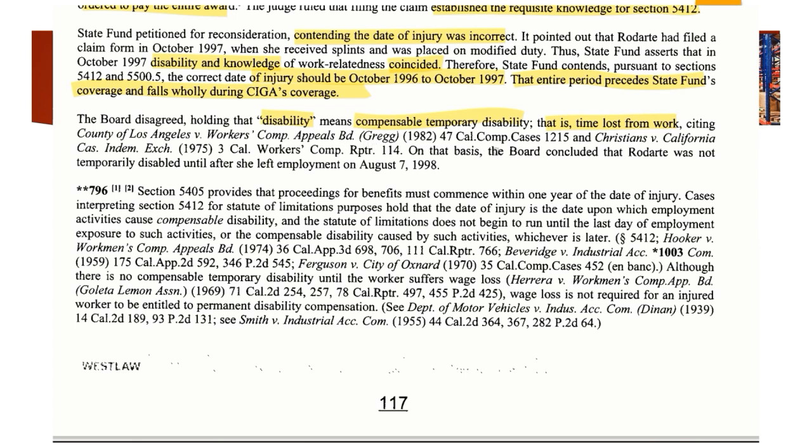On that basis, the board concluded that Rodarte was not temporarily disabled until after she left employment on August 7, 1998, because Rodarte contended that had she not been terminated, she would have continued working. She was terminated from her employer while she was on modified duties.